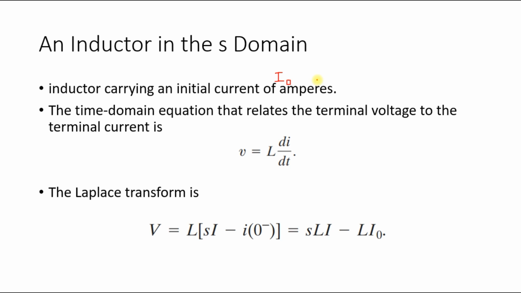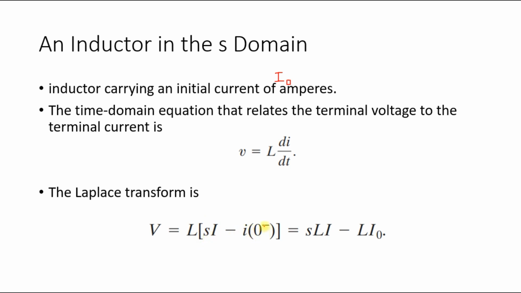If I take this equation and use the Laplace transform, it is a differential function. Using the formulas given in the previous slide, it is replaced by V equal to L into, because L is a constant and the function is I, S into F of s minus F of 0, that is the formula. So here it is replaced by S into I minus I of 0.